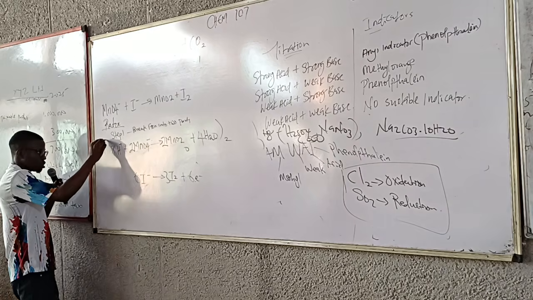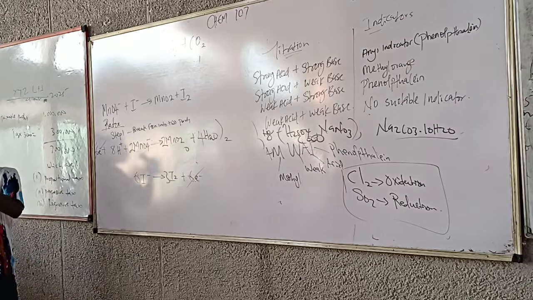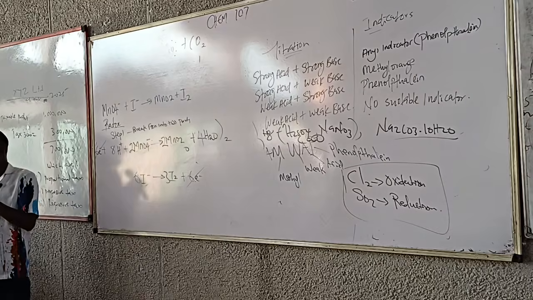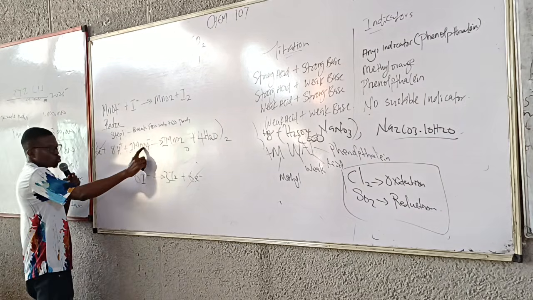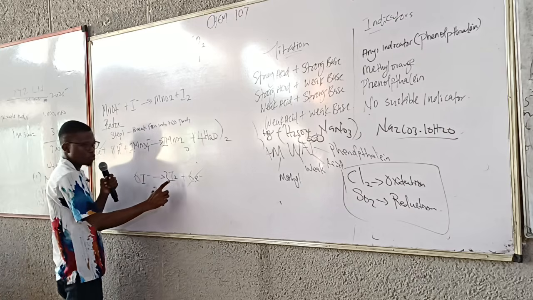I will cancel the electrons. So I will now join the equation back again to form one equation. This is how you join it. Add these two before this, then add these two before this.